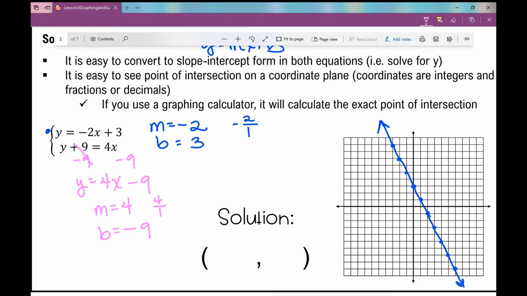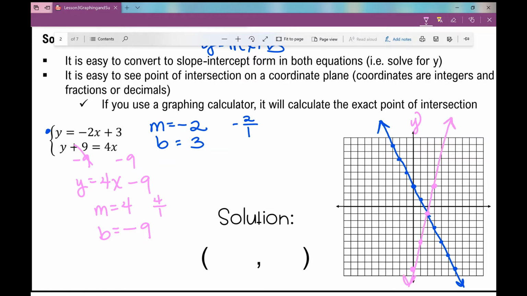So what do I graph first? I'm going to graph that y-intercept. And remember, my y-axis is the vertical axis. That's going to be at -9. My slope is rise 4, run 1. And I'm going to run 1 this way, then 1, 2, 3, 4, up. And I can easily see that point of intersection, so I'm not even going to continue my points.